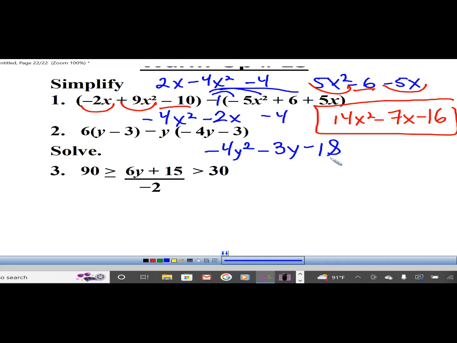Do you remember what he forgot to do for the first term? What is negative times a negative? Positive, yes. Negative times a negative is a positive 3. So this should be a positive 9, because this is 6 and 3 that we distribute over here. That's 9, and the rest is correct.